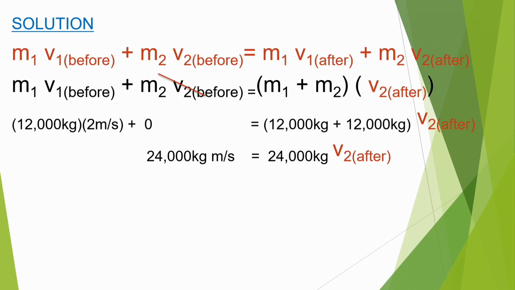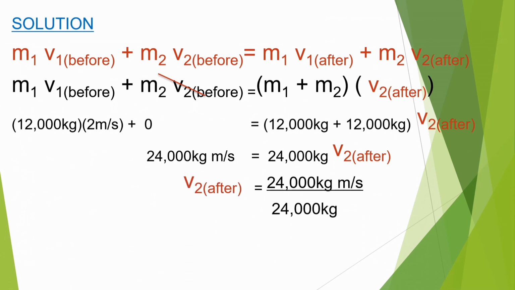Then 12,000 kilograms multiplied by 2 meters per second plus 0, we have 24,000 kilogram meters per second, which is also equal to 12,000 kilograms plus 12,000 kilograms. We come up with 24,000 kilograms multiplied by the v sub 2 after collision.